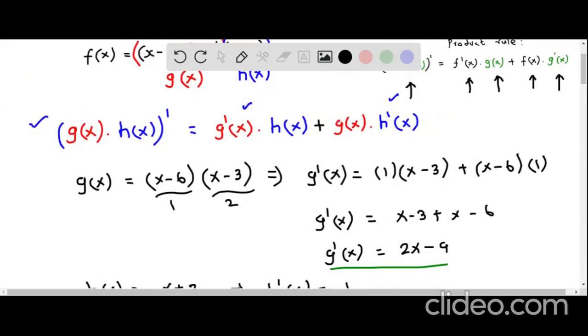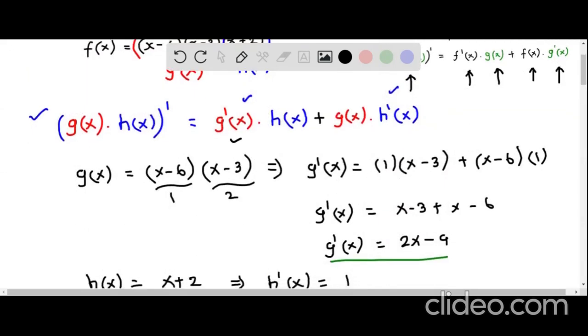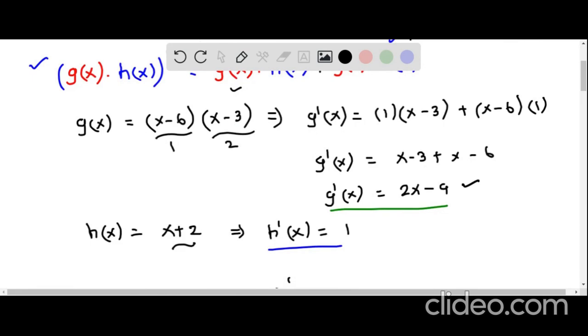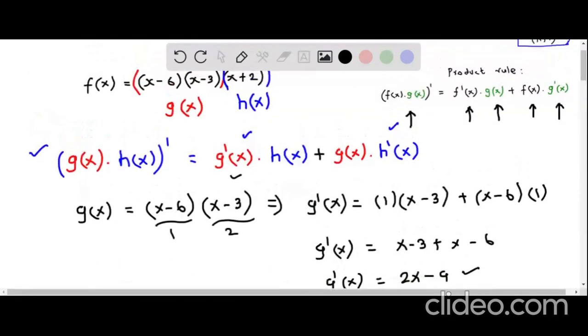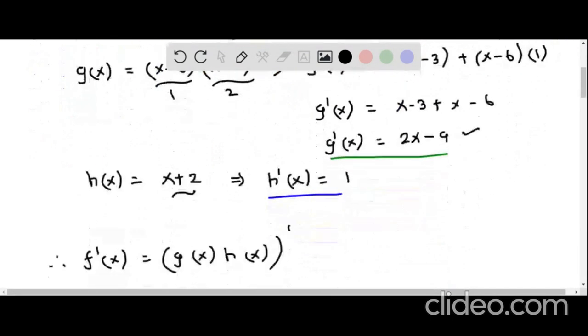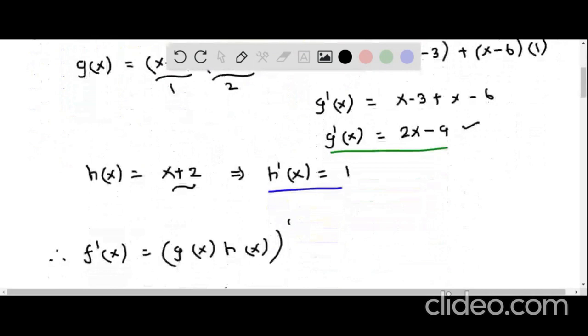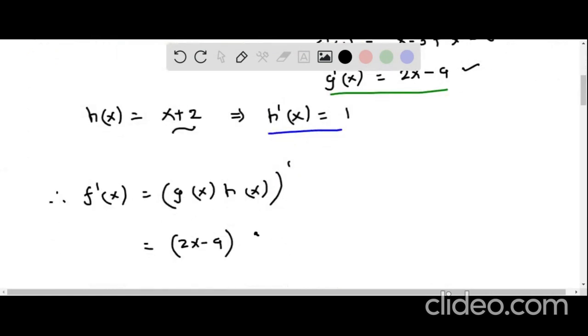We have to put g prime of x first. So I'm going to replace g prime of x as 2x minus 9. So therefore this is 2x minus 9 times h of x. The h of x is x plus 2. So I put x plus 2 here.